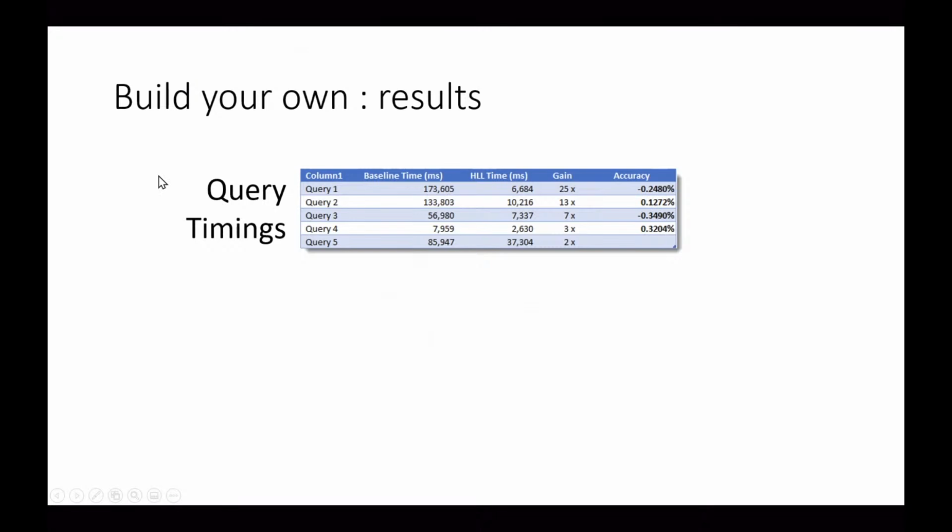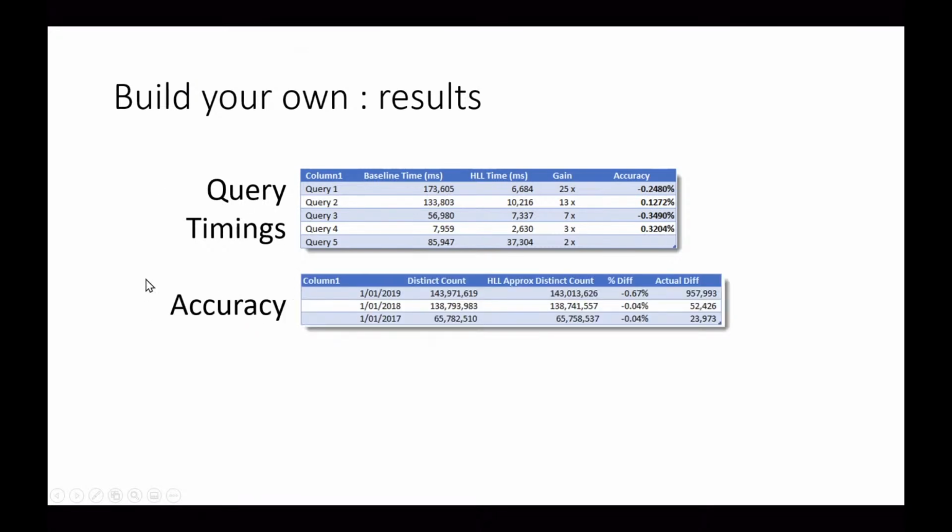So let's have a look at the accuracy. This accuracy result is just for query 1. When I wanted to understand the distinct count of users for 2019, it was 143 million. For 2018, it was 138 million. So these are the precise values that took 173 seconds to compute. The value that HLL came up with for 2019 was 143 million.